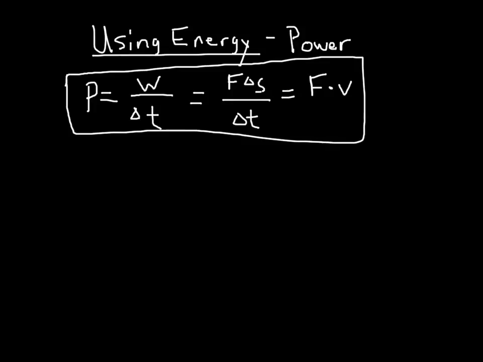If I want instantaneous power, power at any given instant, I need to take the derivative of work with respect to time. That doesn't really change the equation I'm using, just how I apply it.